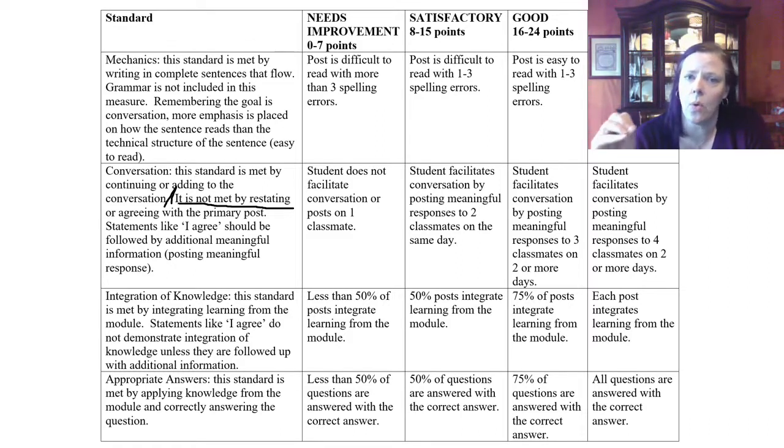It's not about the quantity, it's about the quality of what you do. So if you go back and read your response and everything starts with, I agree, I also like that you, oh, I think you did a great job with, or we're thinking the same way when you say such and such, those are all restating and it's not adding to the conversation. Make sure that it's a meaningful response.